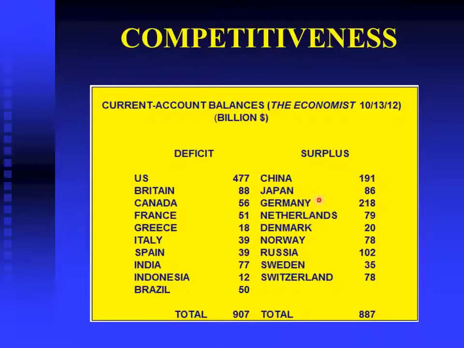Considering the relative size of Germany and China, Germany is a major competitive country with this huge current account surplus. Then you see the other Northern European countries: Netherlands with 79 billion, Denmark with 20 billion, Norway with 78, Sweden, and little Switzerland with a surplus of $78 billion.